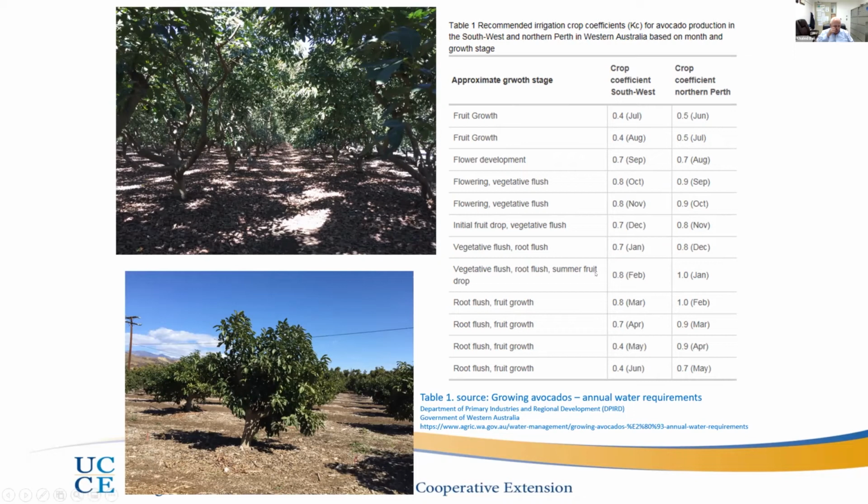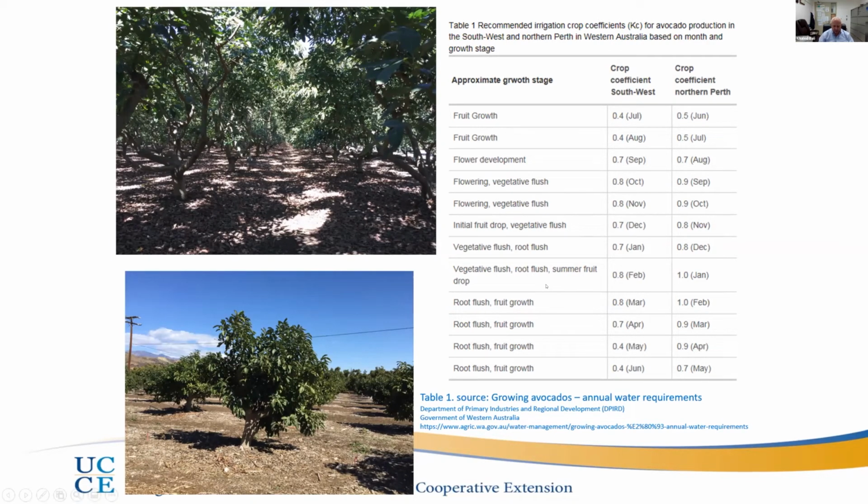The take-home message is, no matter what, you don't want to apply more than reference evapotranspiration. So if the crop coefficient at most is 1, you don't want to apply more than the reference evapotranspiration times 1, and that would be on the high side. And from there, you can look at soil moisture and make adjustments.